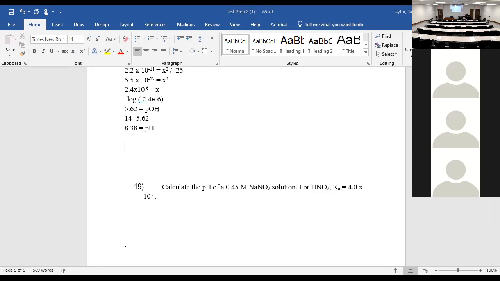What is acetic acid? It is CH3CO2H. Trying to find a weak acid formula. H2CO2, we'll use that one.